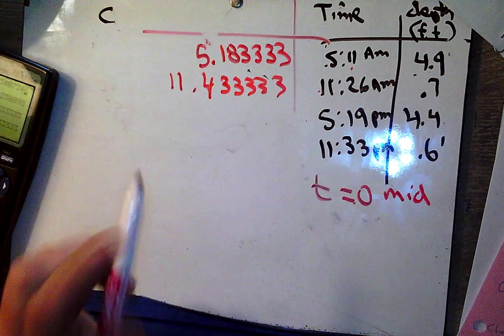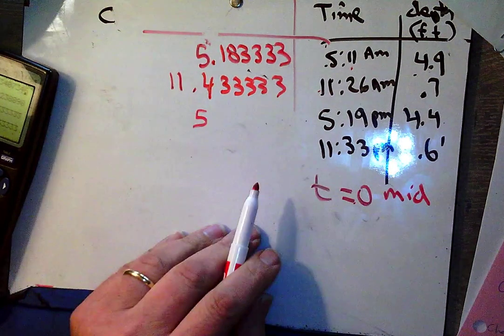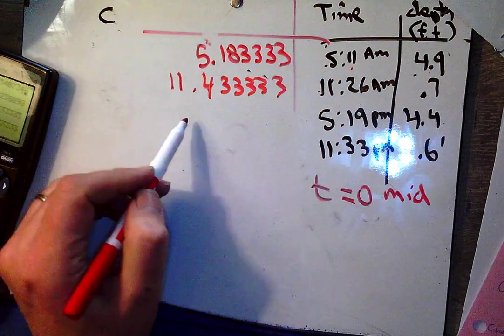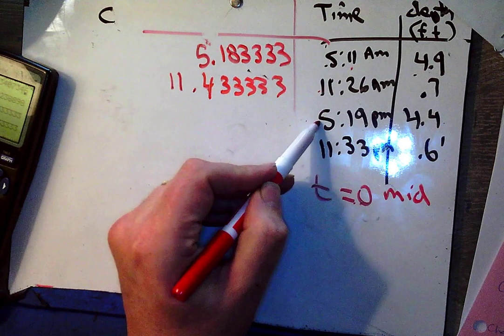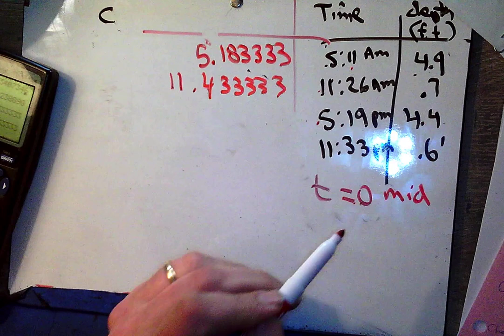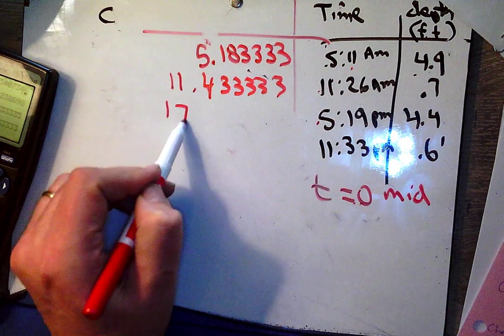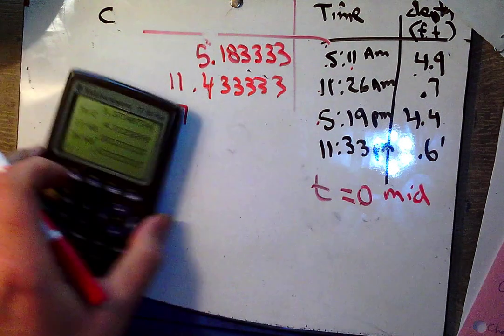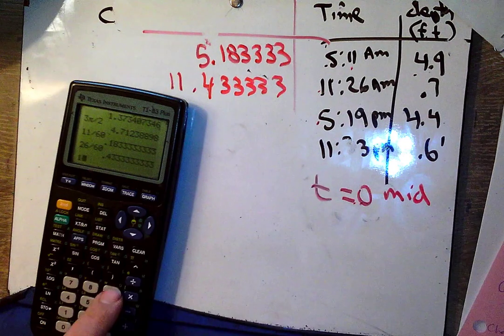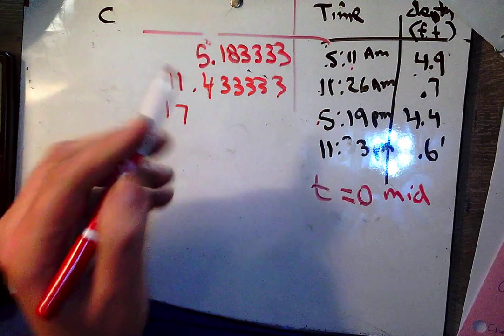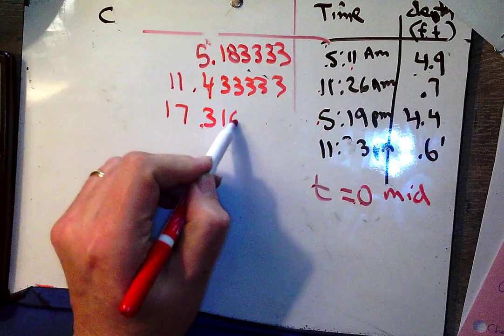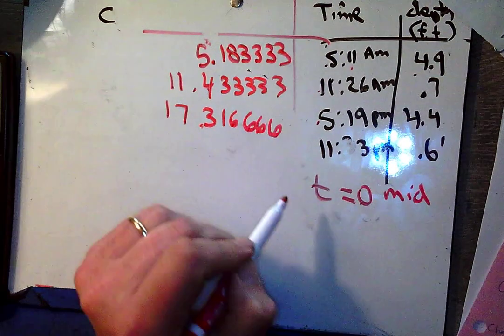5:19 p.m. Now, careful, this is not 5. Noon would have been 12 hours after midnight, and this is 5 hours after noon. So 12 plus 5, I've got 17. Now, 19 divided by 60 minutes in an hour, and I get 0.316666.